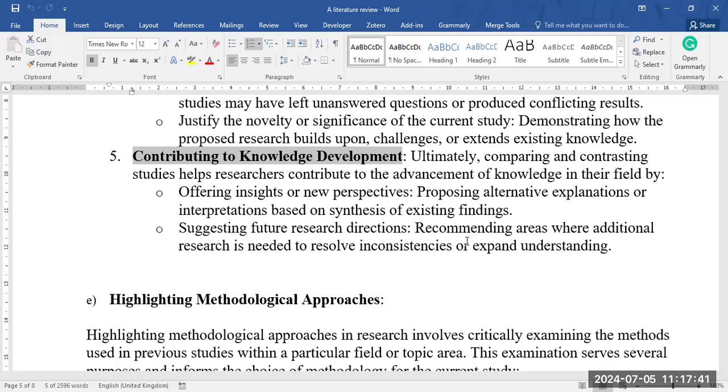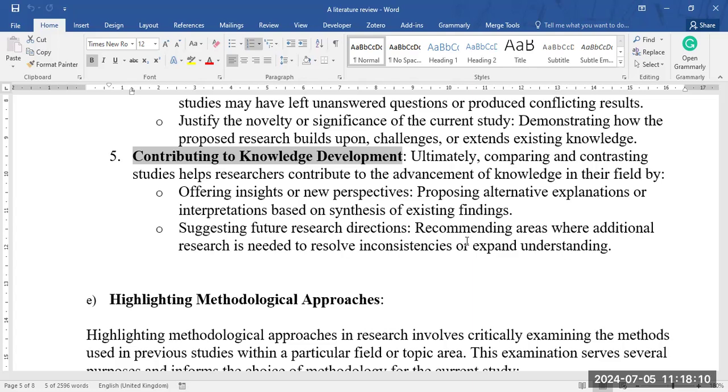For other academic work also, literature is important because whatever you write academically, you have to analyze the existing knowledge, the existing scholarly work, and you have to refer to it. So ultimately, comparing and contrasting studies helps researchers contribute to the advancement of knowledge in their field.